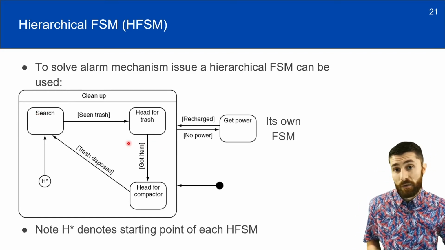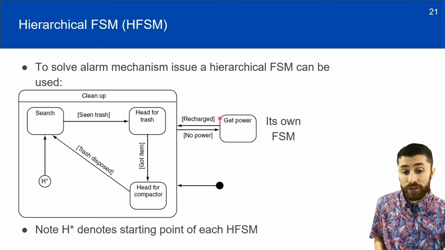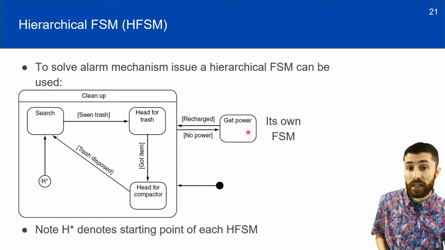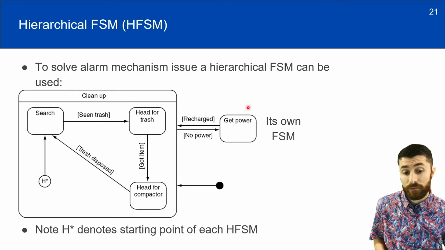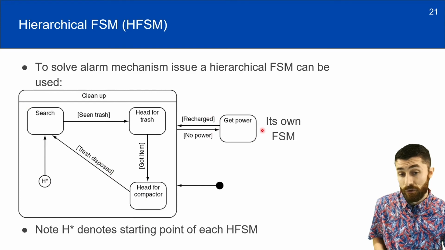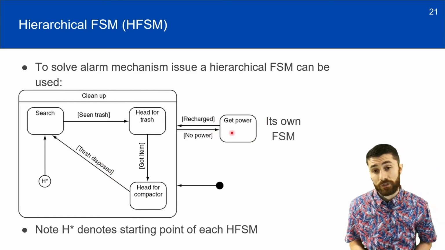And if it needed to get power because its batteries ran out, for instance, then it would go into this new finite state machine called get power. And this finite state machine could be another one of these. It could have many components inside, many different states and transitions. In this diagram, it's only represented as a single rectangle here because that's all it's needed for this example.